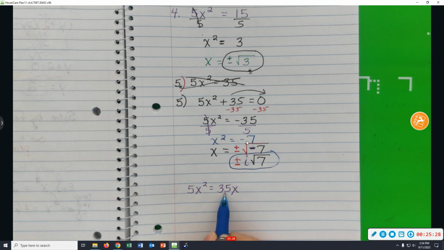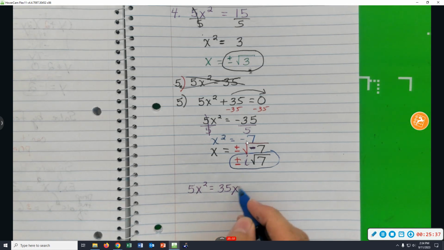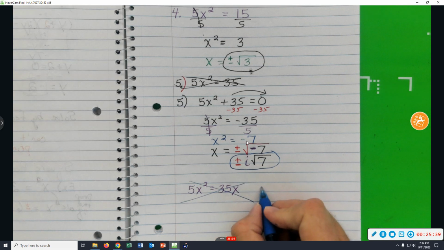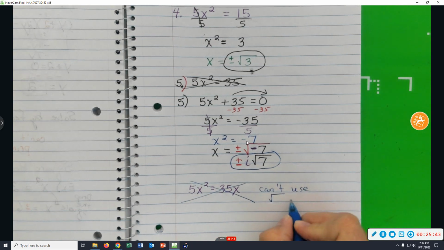No, you can't use the square root method if there's an x term. Okay? It's got to just have x squared, no x. So for something like that, you can't use the square root method.